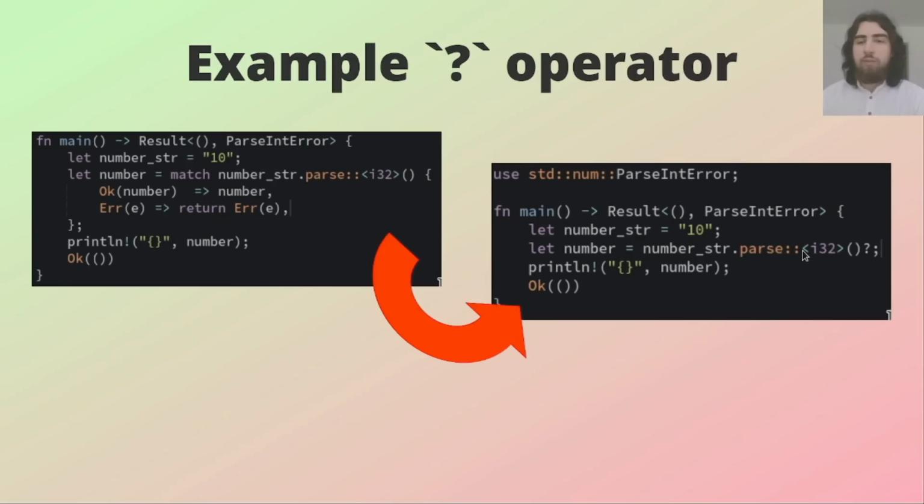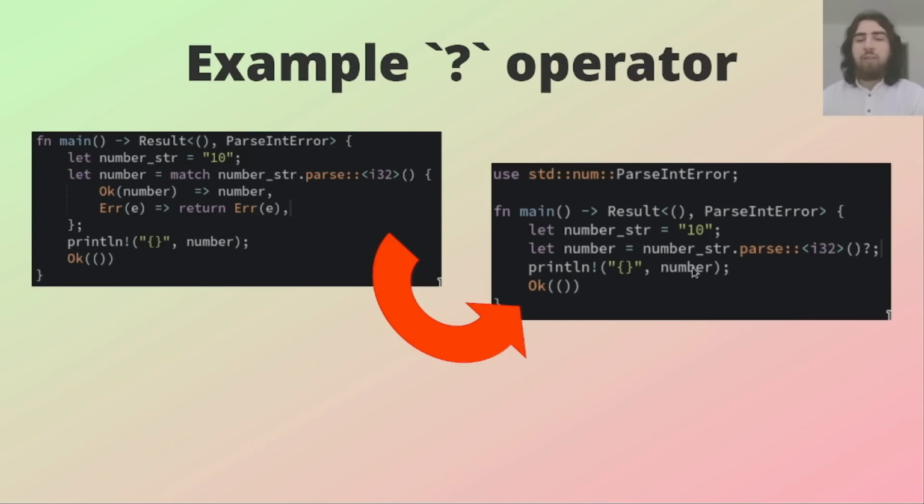Okay, so this over here is exactly the same like we did over here. And when this returns an error, the following lines won't be executed. In case this succeeds, then we have number which holds 10 of type I32.